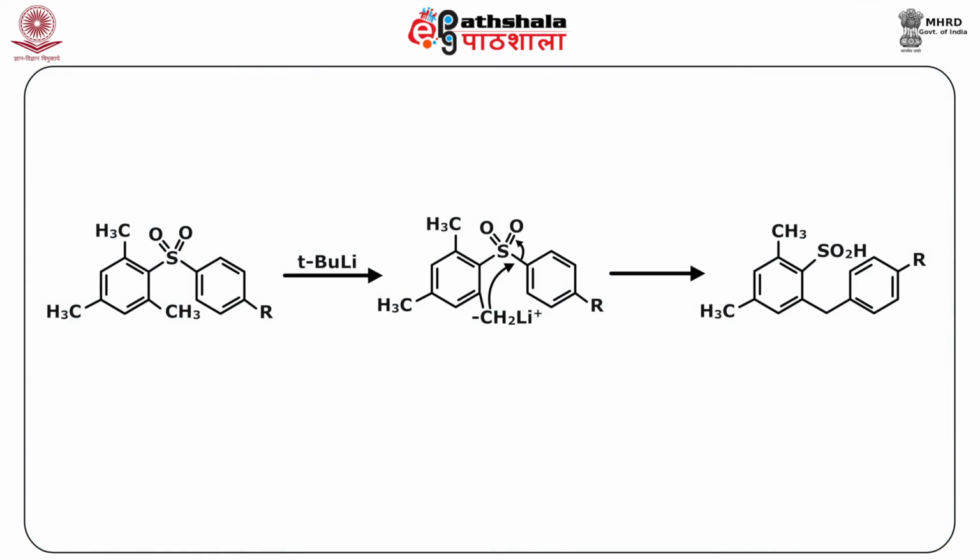The prototypical true Smiles rearrangement requires use of a strong base such as organolithiums, just as we discussed, butyl lithium, or potassium butoxide to form the benzylic carbanion that undergoes the rearrangement.